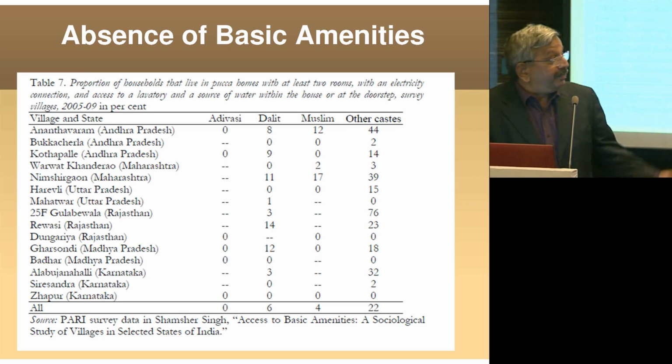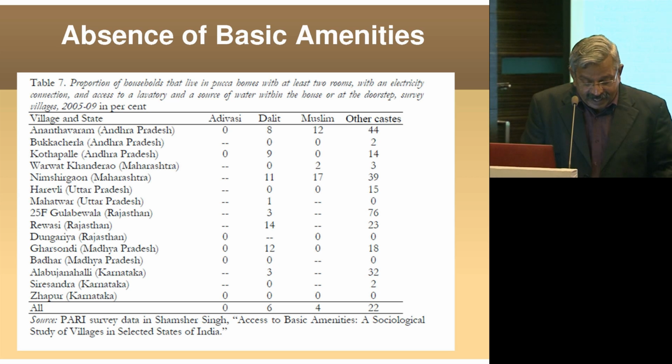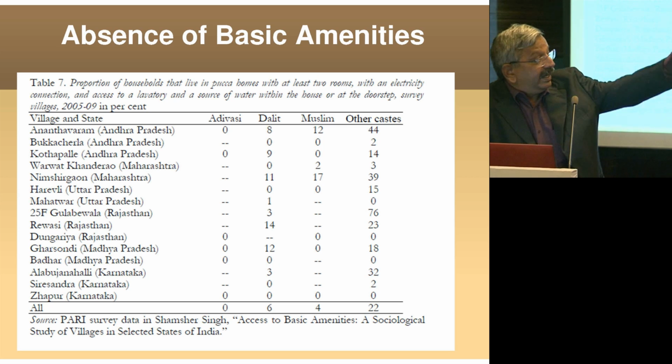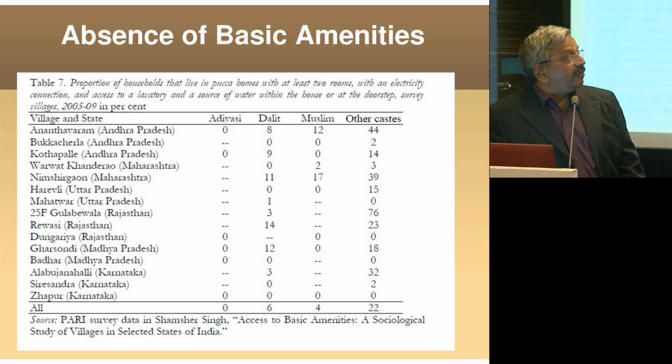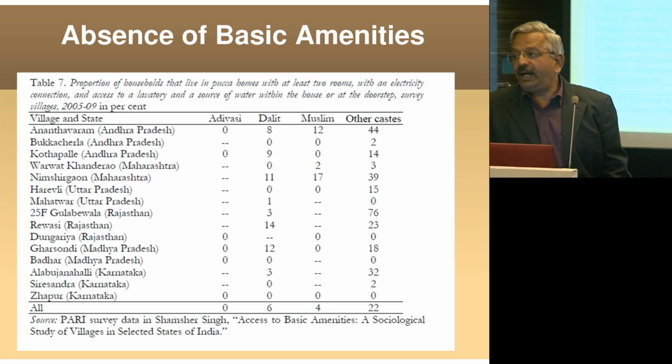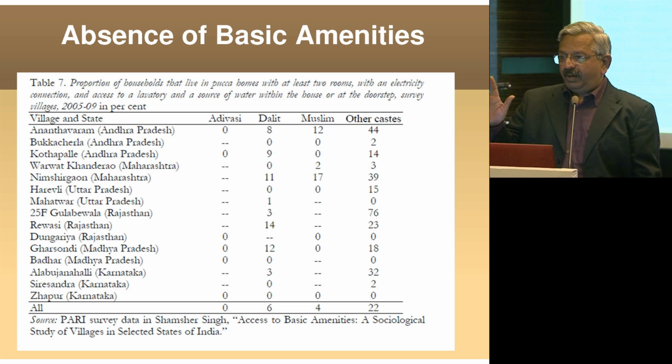So the other aspect is the absence of basic amenities. And if you look at the amenities, this is a list, in percentage, of the households in the villages surveyed that live in pakka houses with at least 2 rooms, with an electricity connection and access to a lavatory and a source of water within the house or at the doorstep, the minimum.